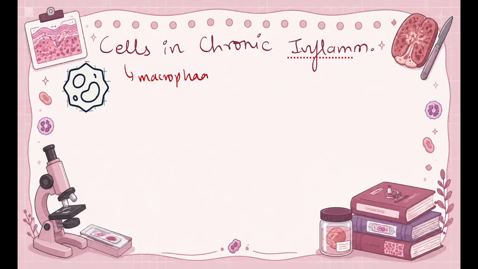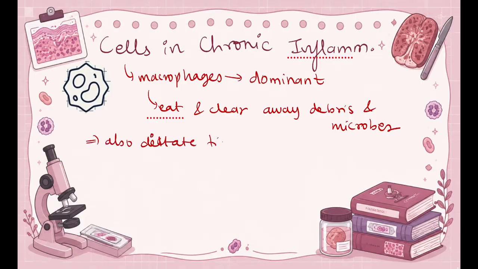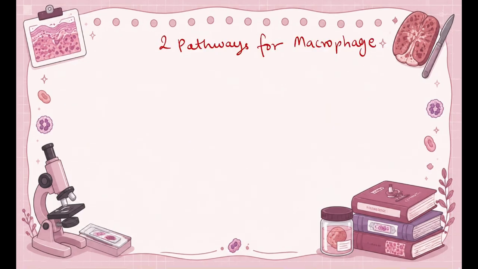Macrophages are the true dominant force in most chronic reactions. They function as professional phagocytes. This means they are cells designed to eat and clear away debris and microbes. But they are also the master orchestrators. They dictate both tissue damage and healing. They do this by choosing between two distinct activation pathways.